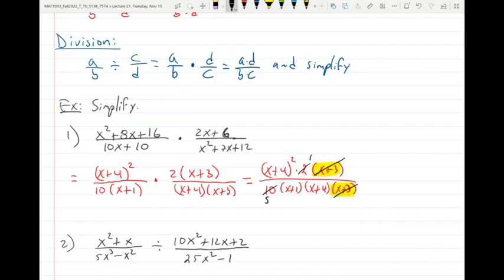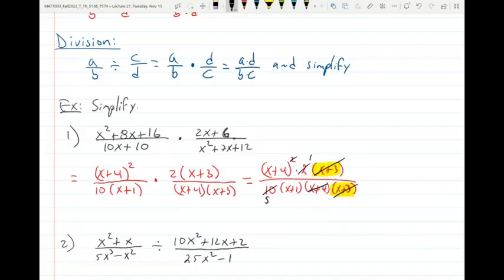Anything else that we could simplify? At the x plus 4, there is 1 x plus 4 down here, but we have 2 x plus 4s in the top, yes? So one of them cancels with this one. So I'm just going to get rid of this power, cancel it with this one, but understand that there is 1 left over in the top, yes? We have 2 of those. Anything else that we can cancel?